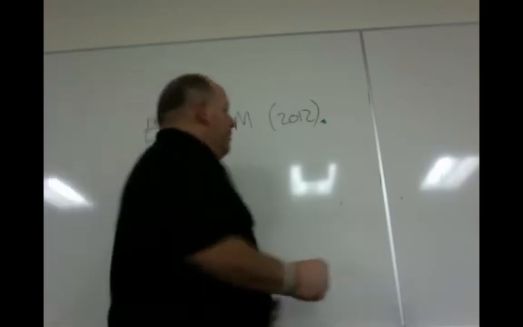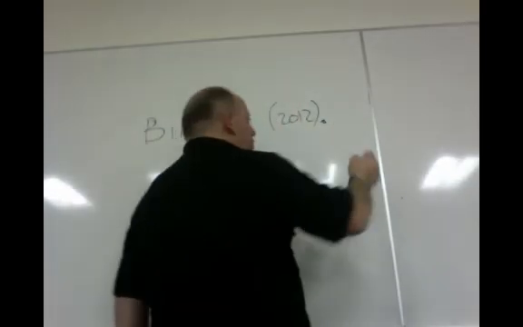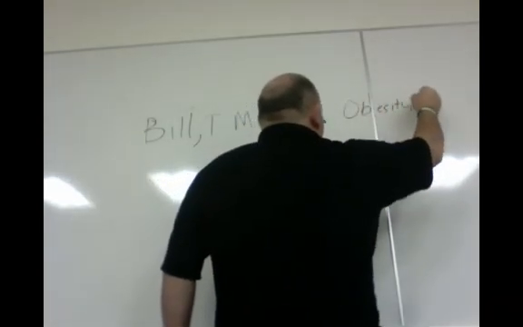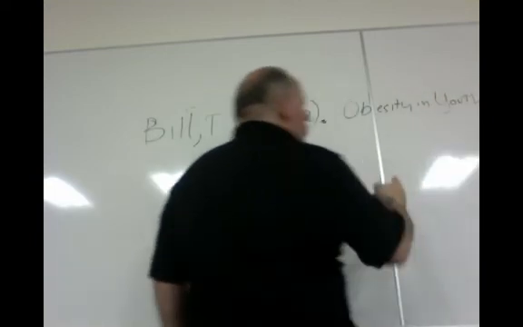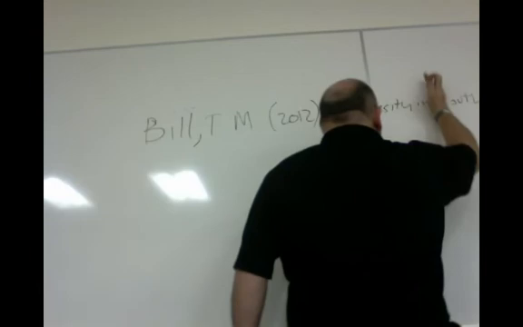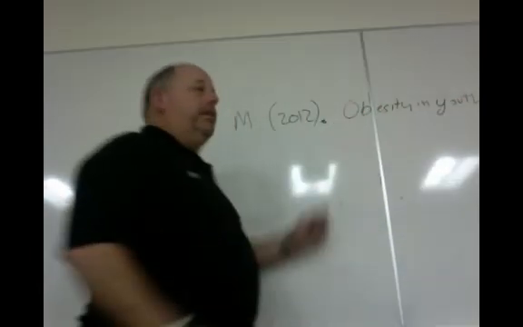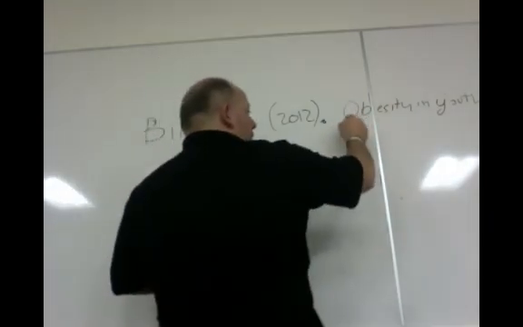So at this point, now I'm going to put the title. So obesity in youth. What's wrong? I made a capital Y. Your very first letter after the period, no different than anything else, is a cap.